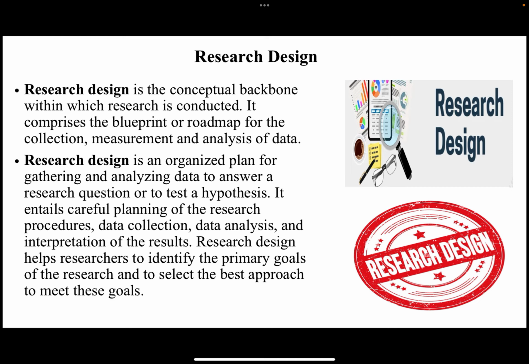Then you give a sentence that at least details the importance or the relevance of research design. Then, after defining research design, the next thing you are going to do is state the design that you are using.